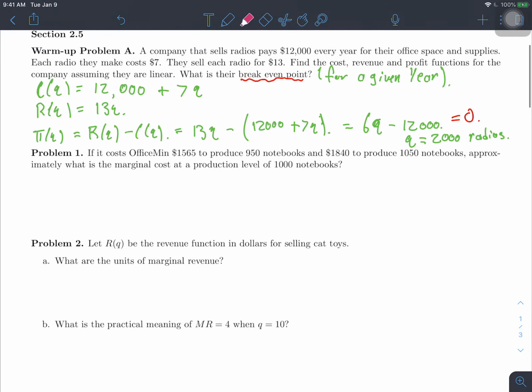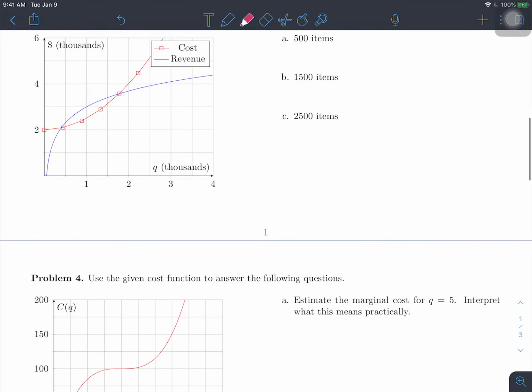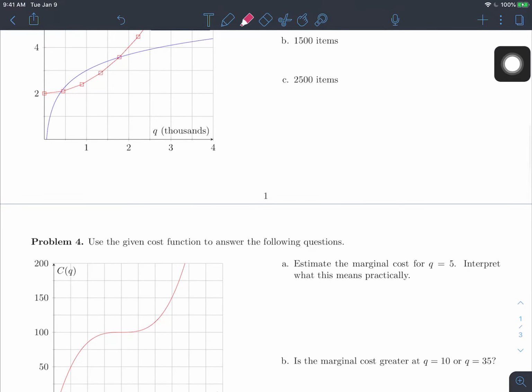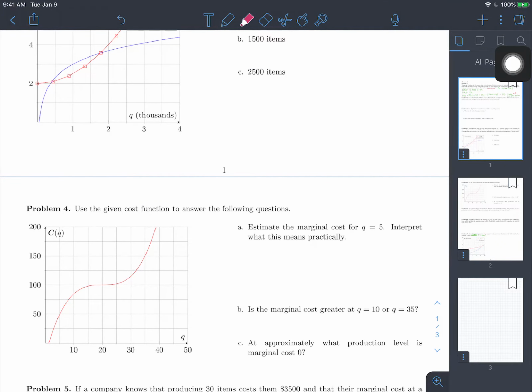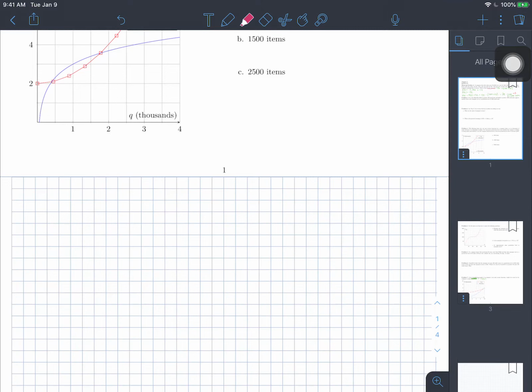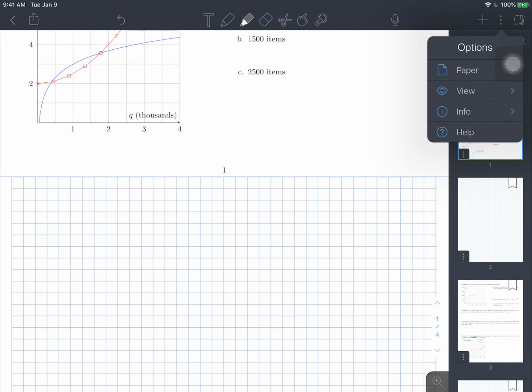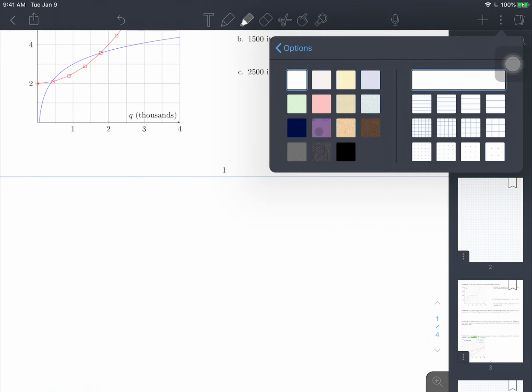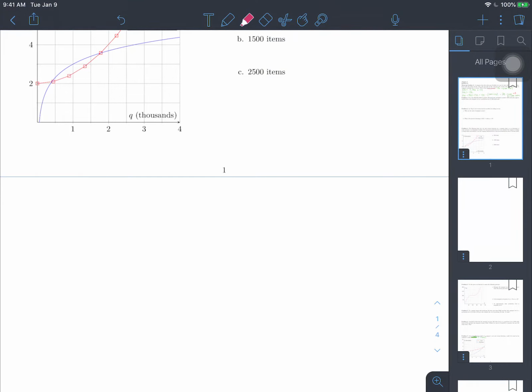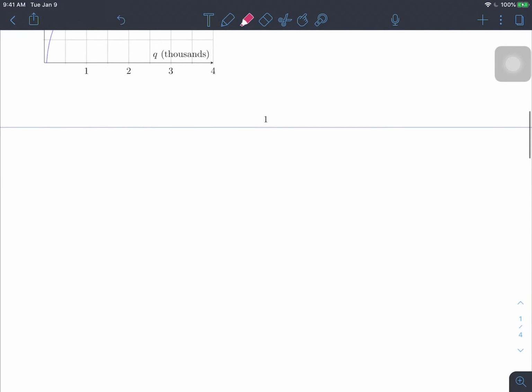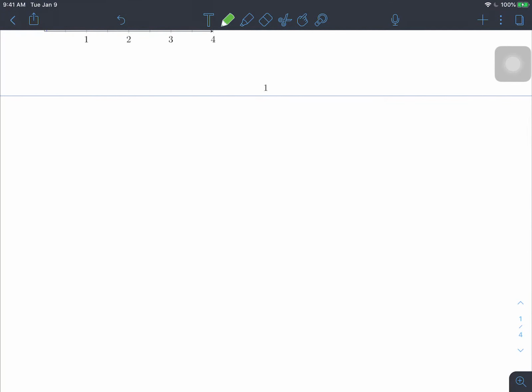So let's have some definitions here. I don't have an extra box today, so I'm going to have to make an extra page. And this is where we're going to do our definitions. All right. So, marginal cost.